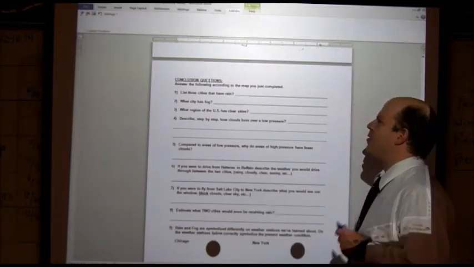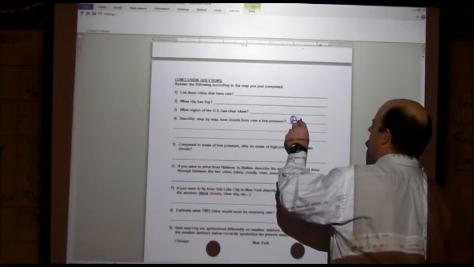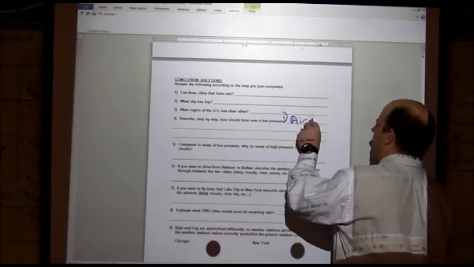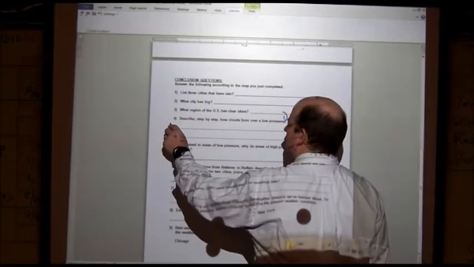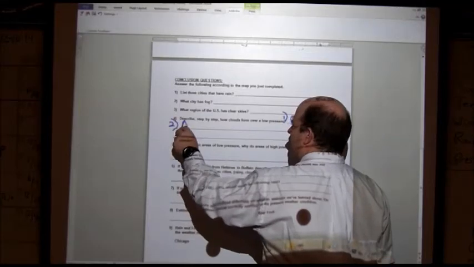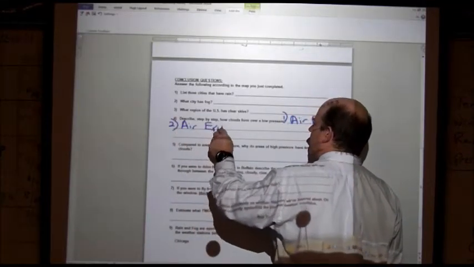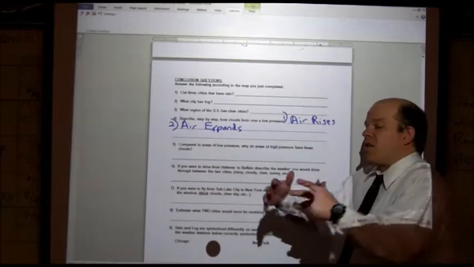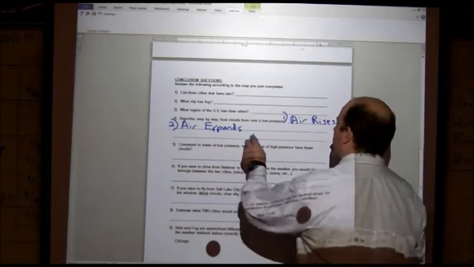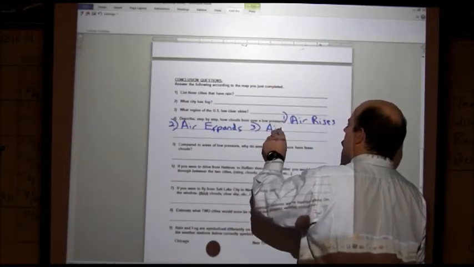Step by step, how do clouds form over low pressure? First thing, air rises. Okay? 2, the air expands. Why does it expand? Because there's less pressure up there, so the air can expand. When it expands, the air cools.